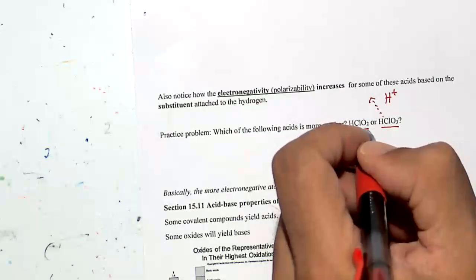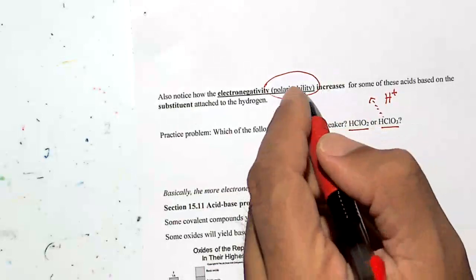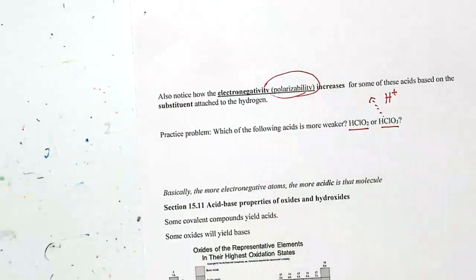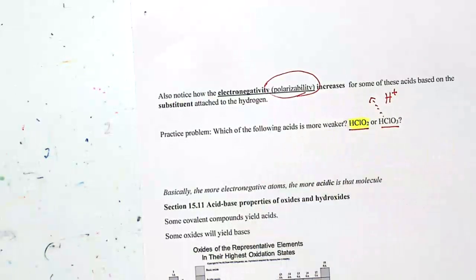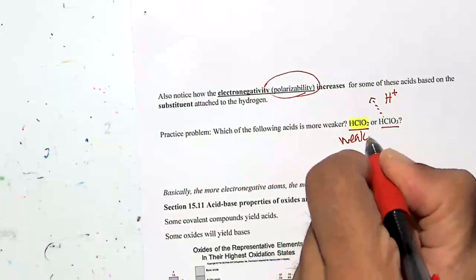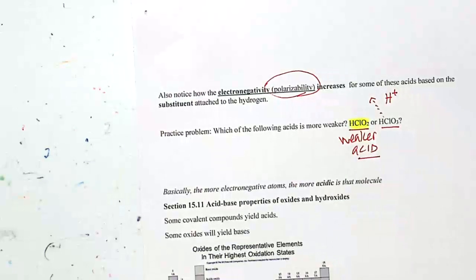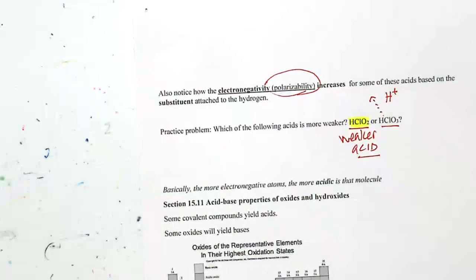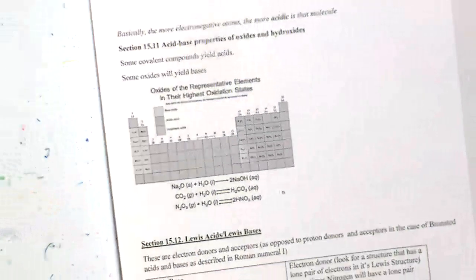Whereas this owns 2 oxygens, less electronegativity, less polarizability. So this would be a weaker acid, just because you have less electronegative oxygen atoms. So less pulling power because of 2 oxygens versus 3 oxygens.